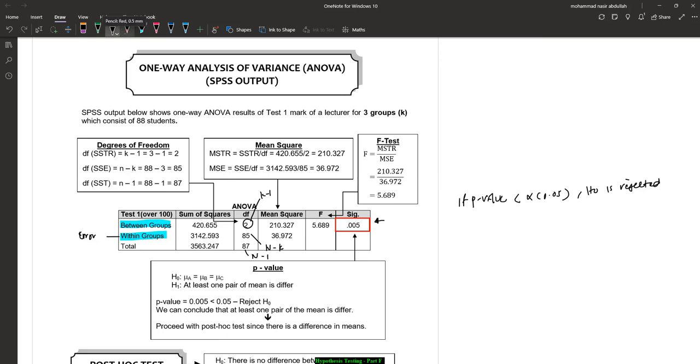So like I said at the start, if we reject the null hypothesis, it means that there is a significant difference, or in other words there is at least one pair that is different, right? One group is different, but we don't know which group. But we know overall, generally, there is a difference, but we don't know the specific group.